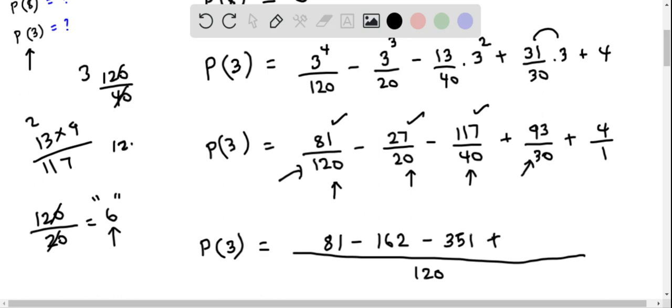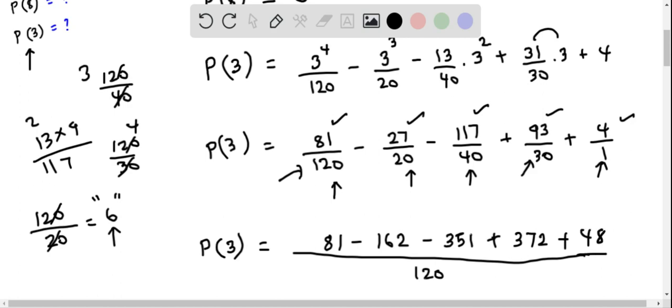So once again, we divide 120 by 30 and we get 4 times. And this means we have to multiply this 93 with 4. So 93 times 4 is 372. So I put 372. And when you look at the next fraction, we have the denominator 1. So 120 goes into 1 as 120 times. So therefore 4 has to be multiplied with 120.